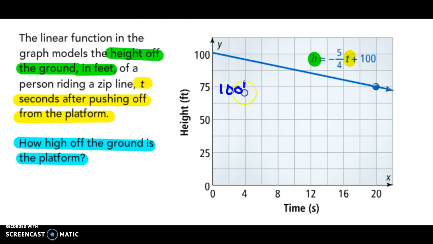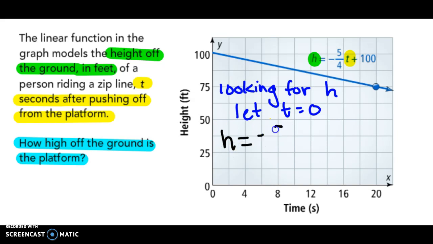So we can solve for h by letting t equal 0. If we do that, we get h equals -5 over 4 times 0, plus 100.